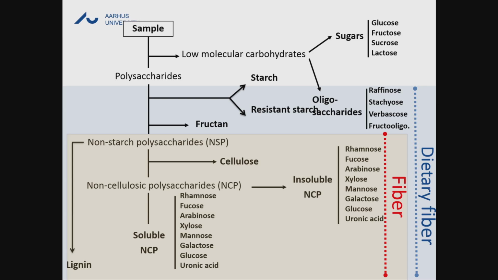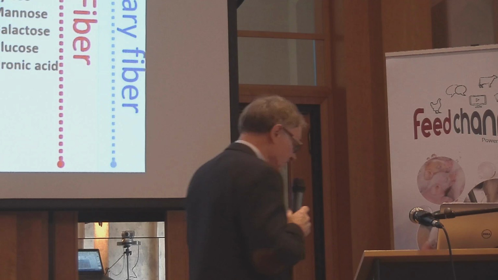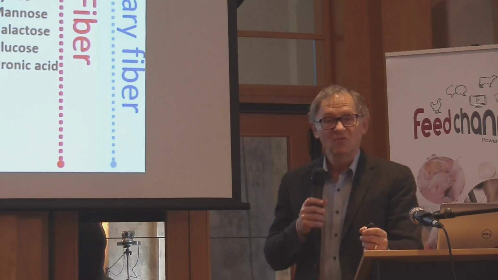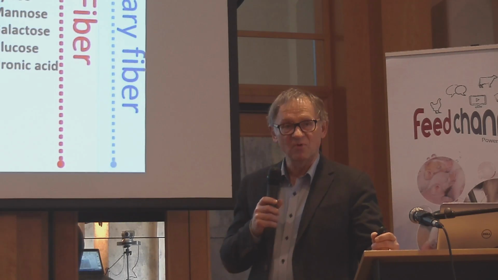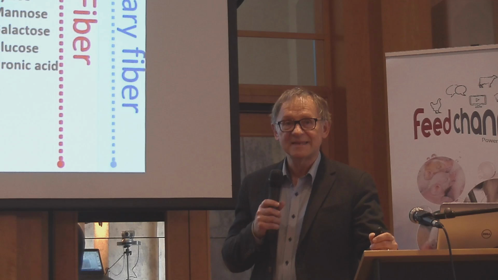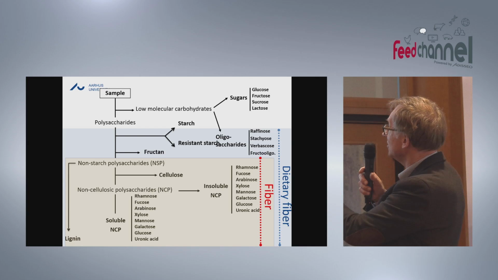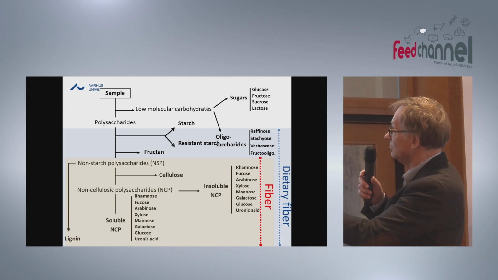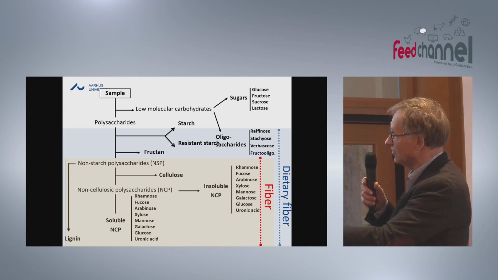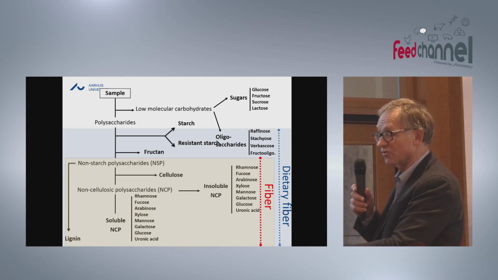When I'm looking into the fibers, these are the methodologies we have built up over several years to make a complete characterization of the carbohydrate fractions and also the lignin content of different feedstock materials. We can analyze the low molecular weight carbohydrates, dividing them into the sugars and also the oligosaccharides. The polysaccharides can be divided into the starch, resistant starch, fructans, and then the non-starch polysaccharides and also the lignins.